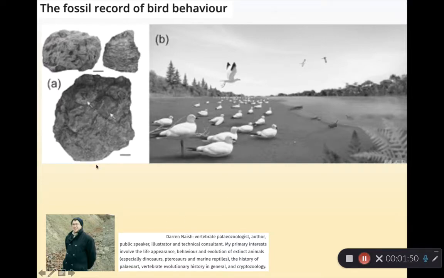So here we have actually fossilized nests of an extinct type of bird. And based on where these fossilized nests were located, we're able to ascertain that the nesting grounds of this particular bird likely look something like this. So again, inferring interesting behavior from fossilized records.